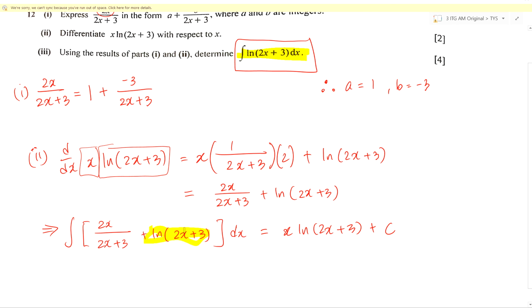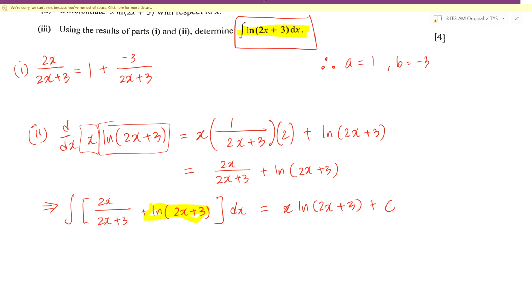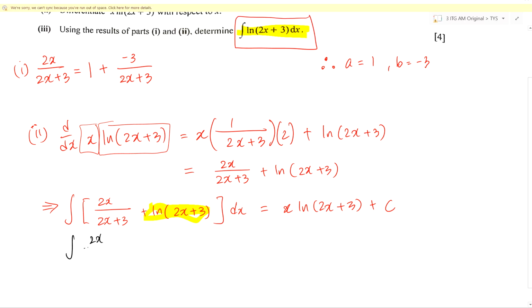Integrating these two, the sum will be the same as integrating them separately. So the integral of 2x over 2x plus 3 dx plus the integral of ln(2x plus 3) dx equals x ln(2x plus 3) plus c.